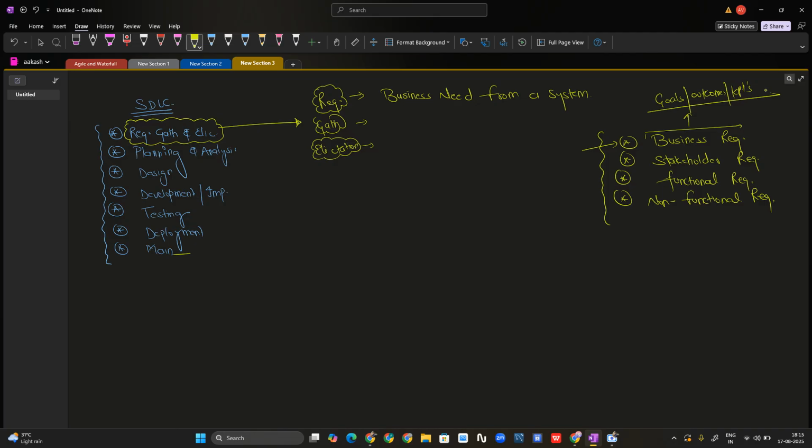And a stakeholder requirement is what? First of all, tell me how many types of stakeholders are there? Two types, correct: internal and external. When we talk about stakeholder requirements, they relate to what each stakeholder group needs. Because in a project, different departments are involved.